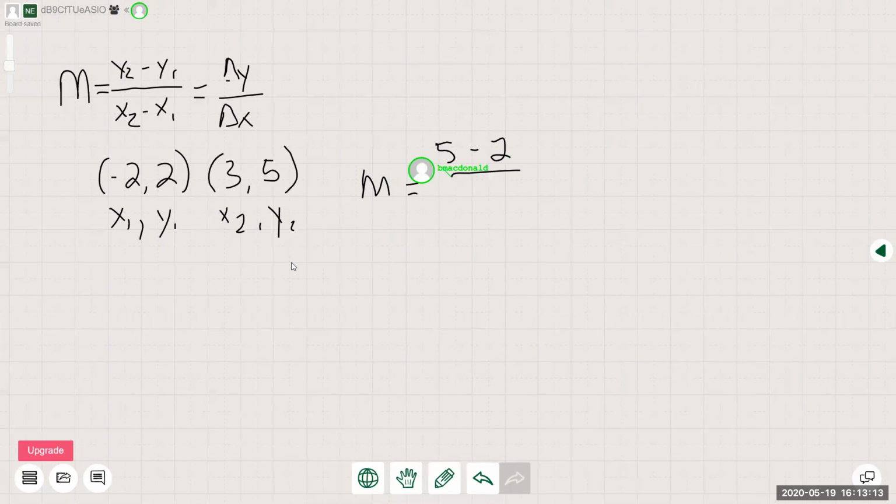And then on the bottom we have x2, which is 3, minus our x1, which is our -2. So in this case, we're going to subtract 5 minus 2, which is 3, and 3 minus -2, which is 5. So we can't really reduce that. It's just going to be a fraction, and that is okay. You will get that quite a bit when you're working with slope, and it's not really an issue.